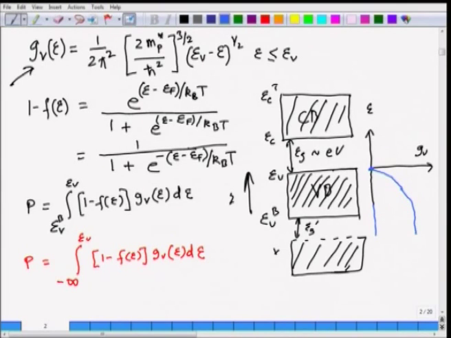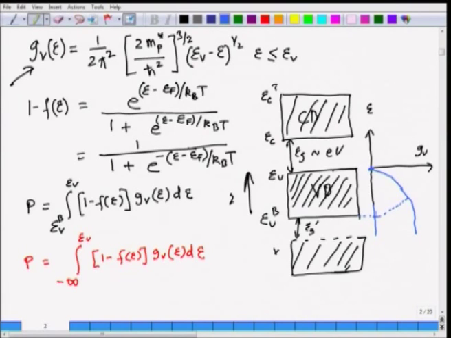Now we will argue again the same way that really the density of states should have become 0 here. That is, some part of the curve for GV should be like this also, so that the real GV should have been going from here and then going like this. But the GV we are going to use is this solid line, in spite of the fact that the correct GV curve should have been the solid line up to here, and then this dotted line, which takes it to 0 again at the bottom of the band.